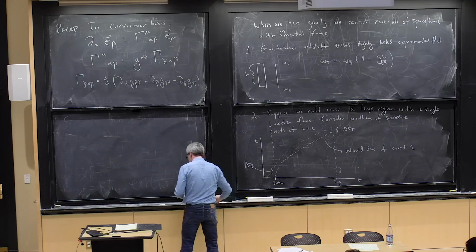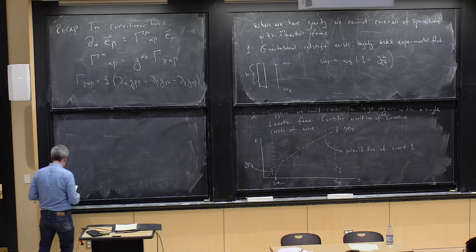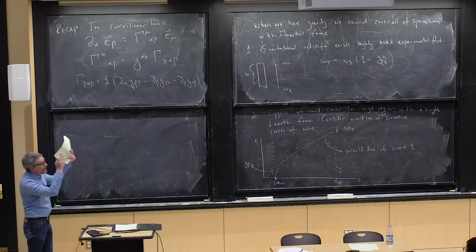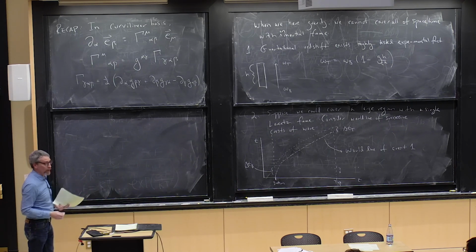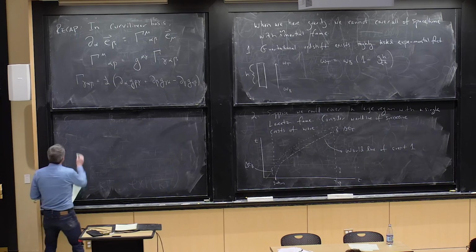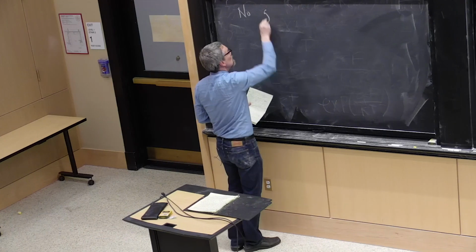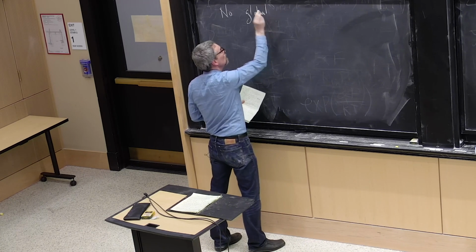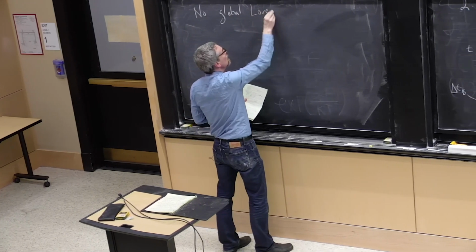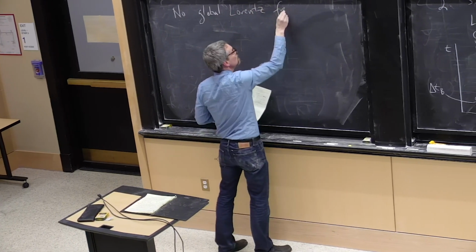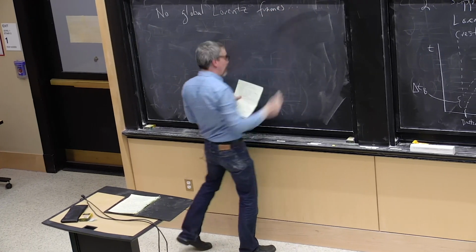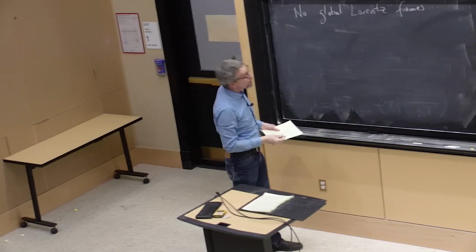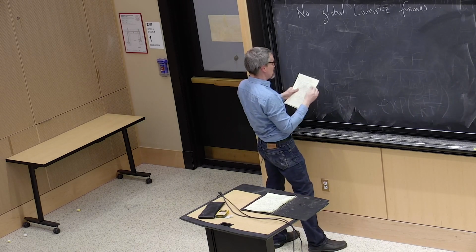So the key insight has a few steps in it. First thing, I was very careful to use the word global when I ruled out the existence of Lorentz frames. But I'm allowed to have local Lorentz frames. Let's see, what does that actually mean?